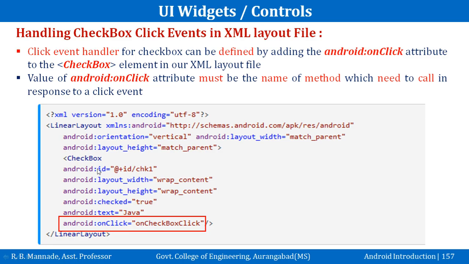As usual, it has ID, width and height attributes. Then its checked condition is set to true initially, and its text property is set to Java. Now we are interested in this particular android:onClick attribute. Okay, so here the value of this onClick attribute is set to onCheckboxClick.